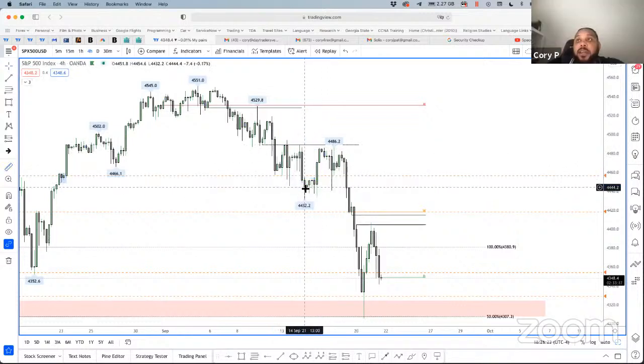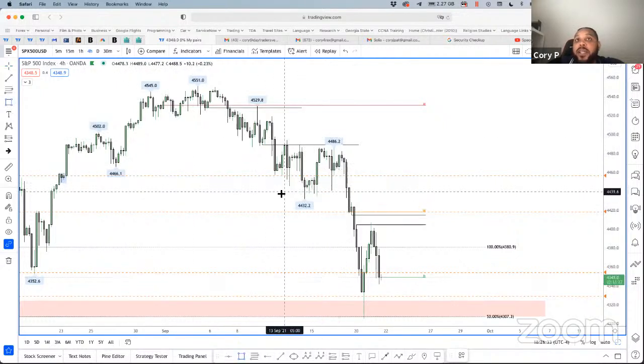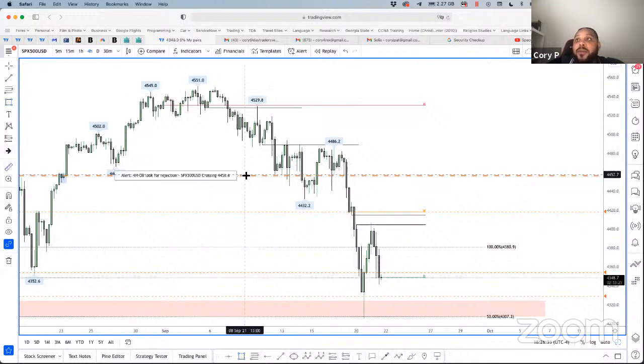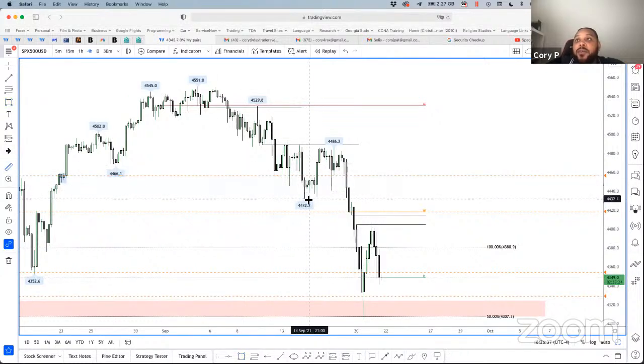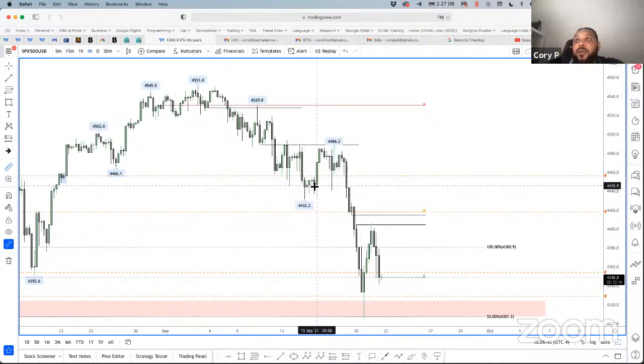If you had got in down here, this wicked you out, but you would have been closer to a stop loss. You say, okay, cool, I'm still going to try to get in this. I still like this for the buy. Okay, I'll use this low as my stop loss now because this is the most recent low, and I'm going to try to get in on any one of these candles.